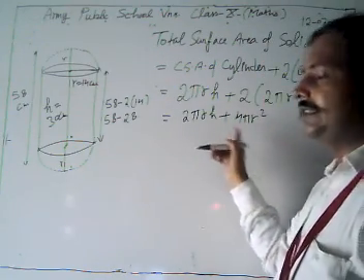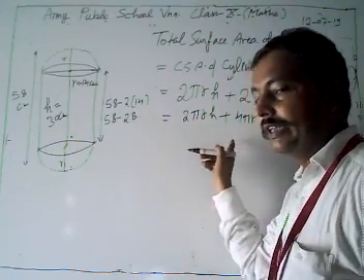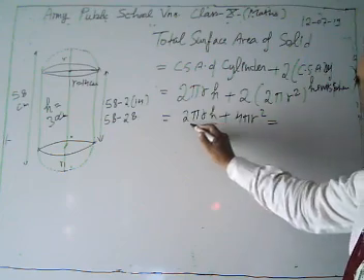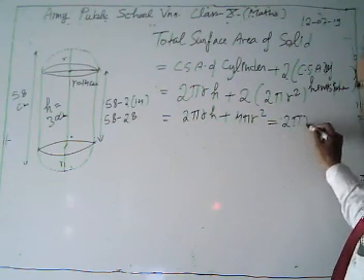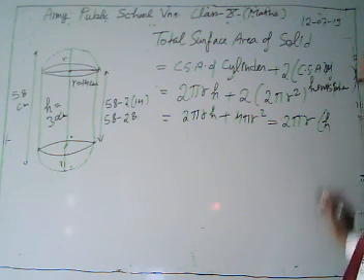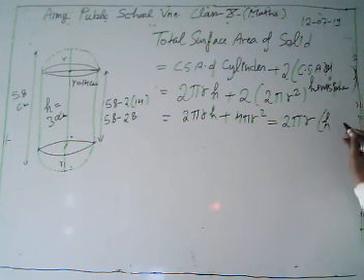If r were not the same value, we could not take it out. But here r is the same, so we take out 2 pi r common. Here we get h, and here we get 2r.